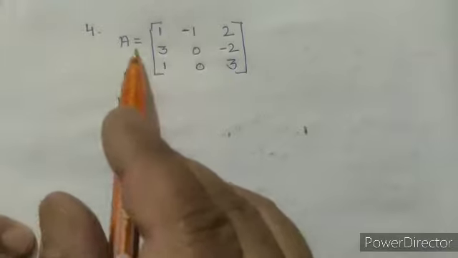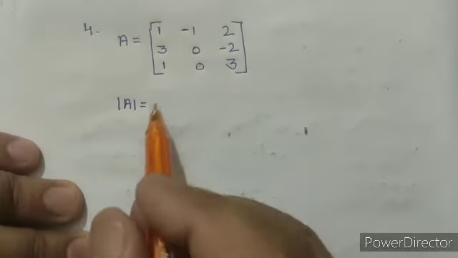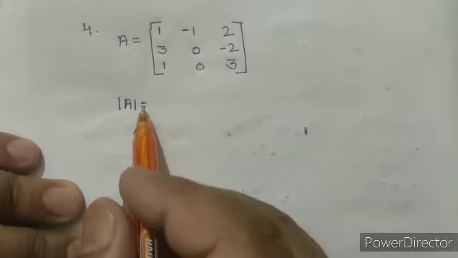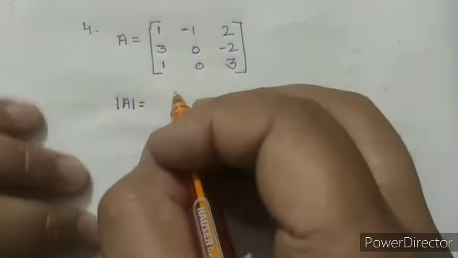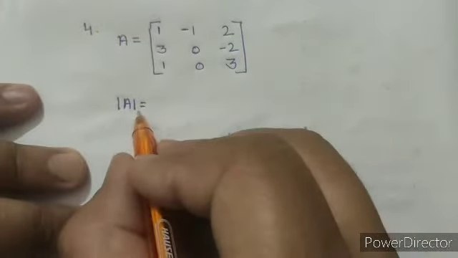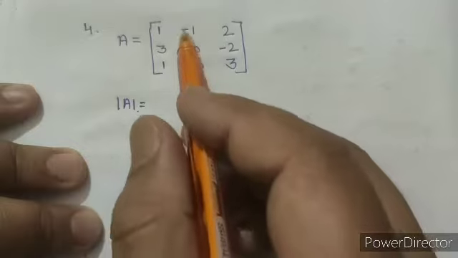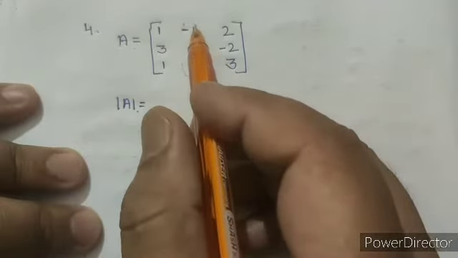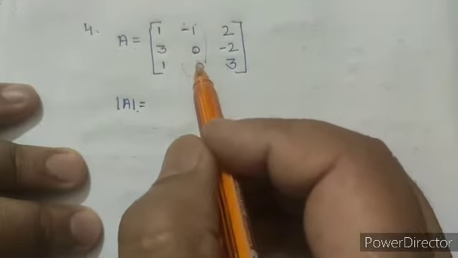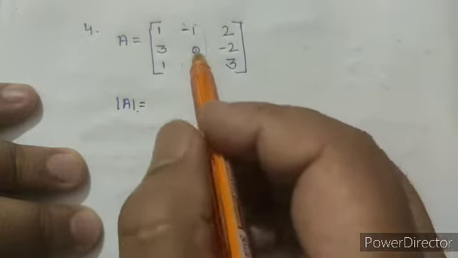I am doing the fourth question. Here matrix A is given to us. Now first of all, we will find the determinant of A. I am finding the determinant of A by expanding the second column, as here two elements are 0.